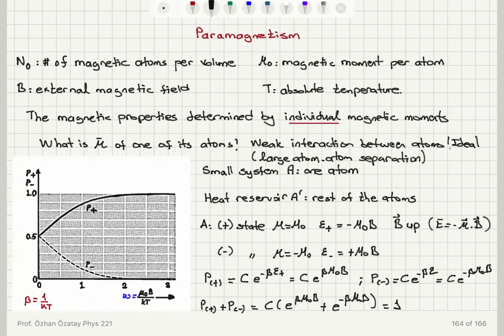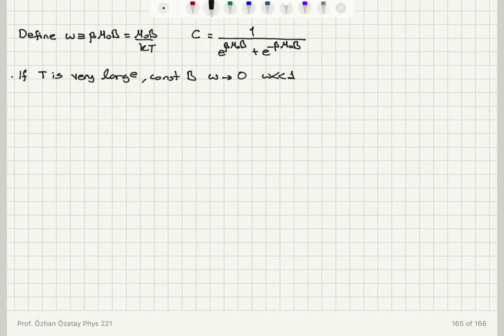What happens to these probabilities p plus and p minus? The probabilities basically approach each other. So we see that p plus approaches p minus. So they're going to be equal probabilities eventually.